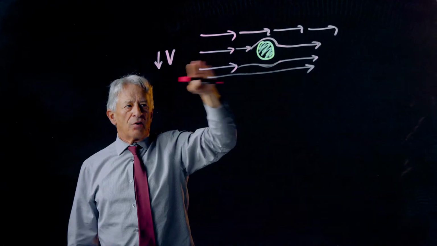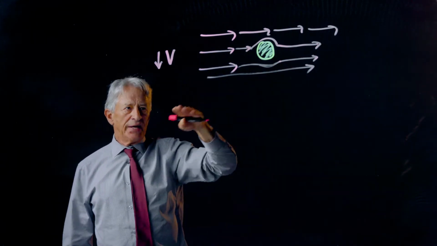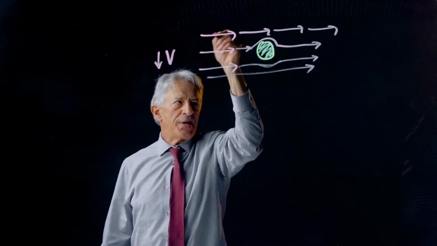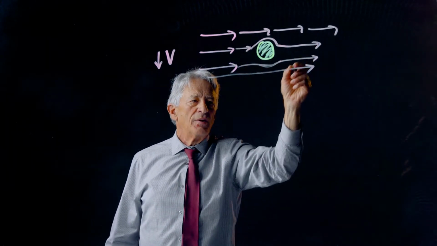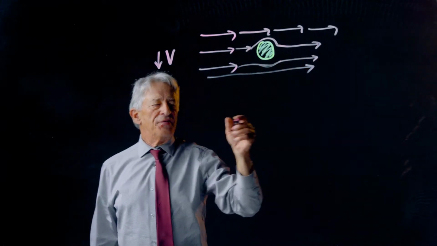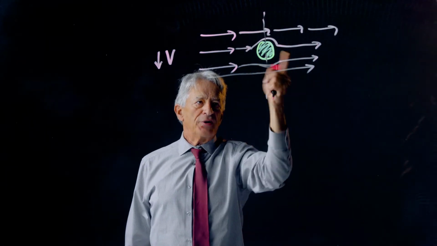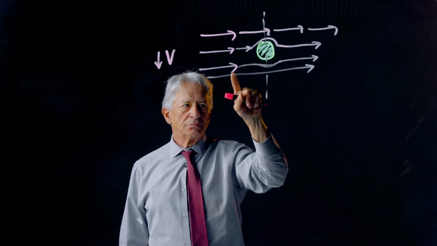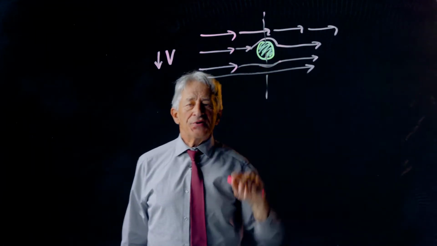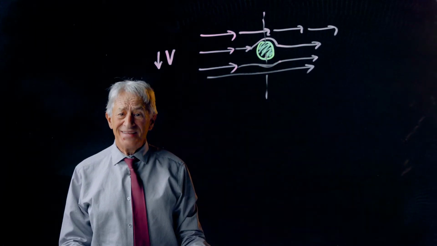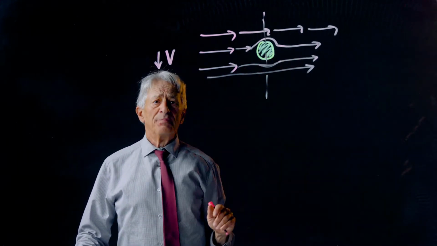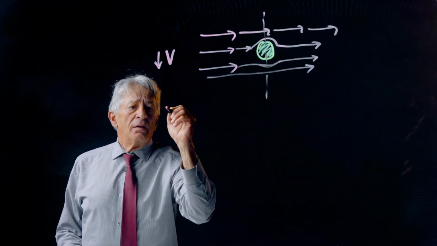It's called laminar flow because the flow stays in layers. A particle of fluid here stays at that level. For this very slow flow, the flow is actually symmetric front and back. And the system can be described as an equilibrium system.